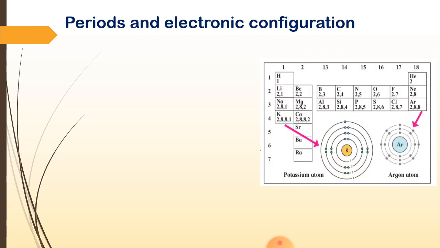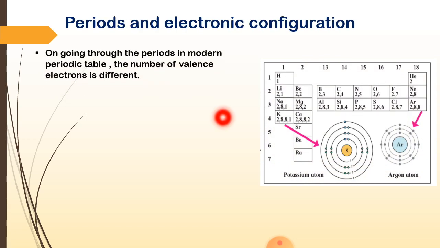Then periods and electronic configuration. Going through the periods in the modern periodic table, the number of valence electrons is different. Look at the second period: here the valence electron is 1, here the valence electron is 2, here the valence electron is 3, and so on.